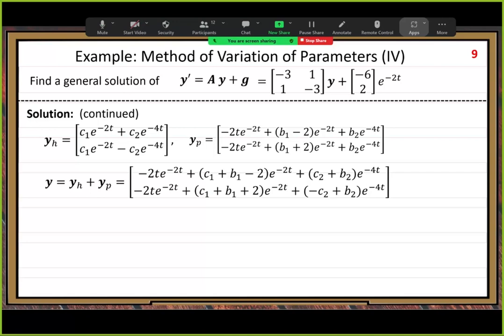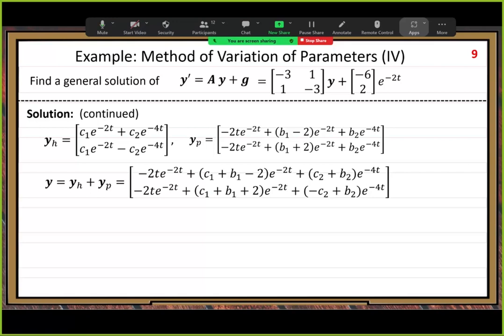Now I want to simplify in this way. Look at C1 plus B1 for the top function. We also have the same C1 plus B1 on the bottom function. They are the same. Since C1 plus B1 appears both top and bottom in the same form, can we use one symbol to represent the sum of these two numbers?